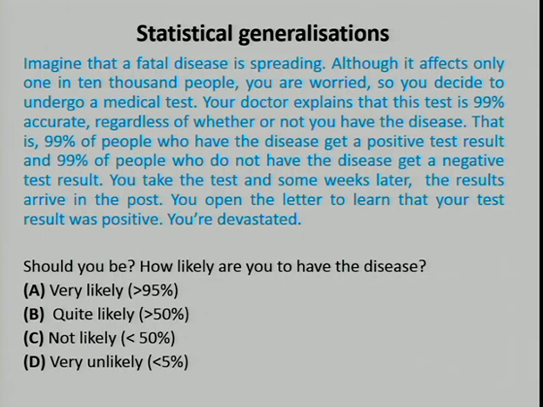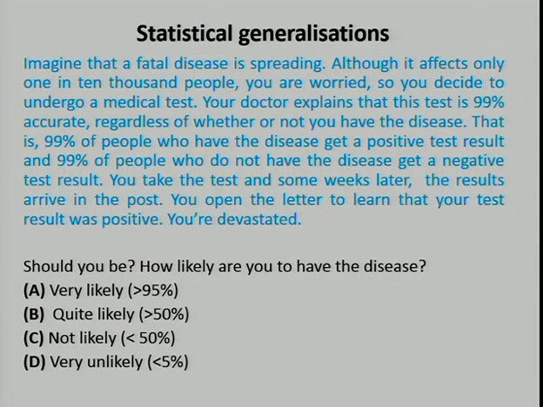So we take the example of a fatal disease spreading, and it doesn't affect very many people, just 1 in 10,000. But you undergo a test. The test is 90% accurate.